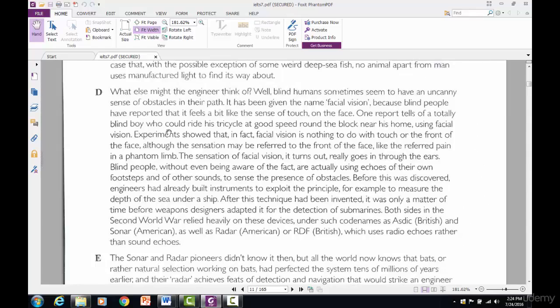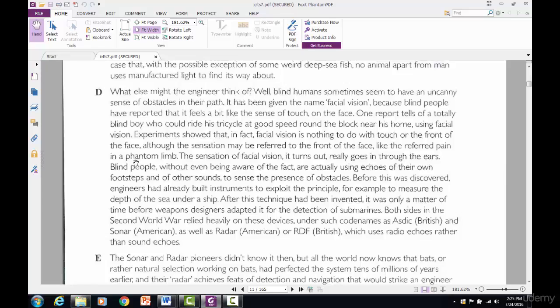So I'm scanning through the sentences. Now there it is right there, pain. All right, so the beginning of the sentence right here with the word experiments. Experiments show that, in fact, facial vision is nothing to do with touch or the front of the face. Although the sensation may be referred to the front of the face, like the referred pain in a phantom limb.